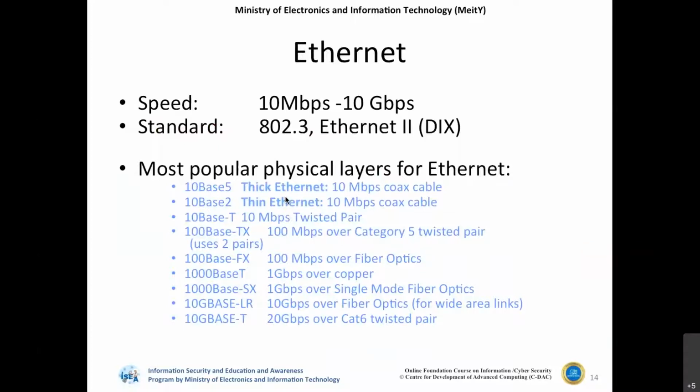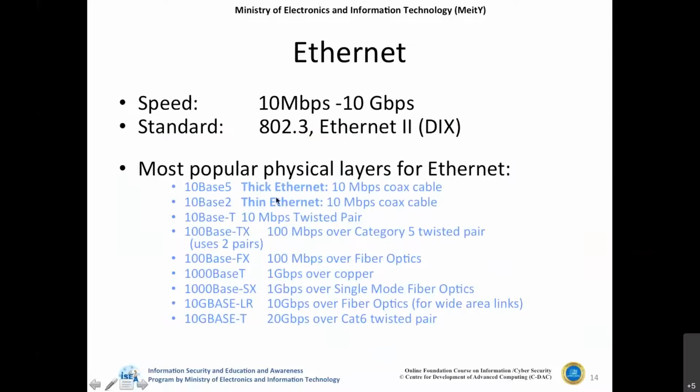Ethernet speeds can range from 10 Mbps to 10 Gbps, and 802.3 Ethernet came from DIX, because Digital, Intel, and Xerox together designed and developed the 802.3 Ethernet standard. Speeds now go up to 10 Gbps, and are even increasing to 40 Gbps, using Cat6 twisted pair cable, 10GBase-T, 10GBase-LR and others. These are some of the standards.